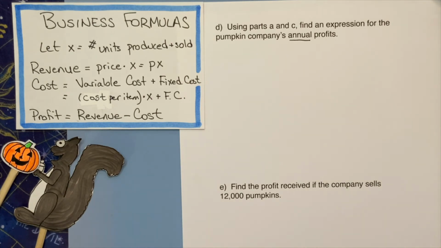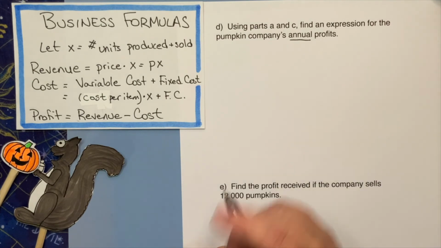You generally sell the pumpkins when they ripen, so between like August and October, possibly into November for pies, but that's pretty much it. And then you wait and then you plant again in the spring. So it is an annual endeavor. And then also the fixed costs happen every year. So we have to work that way.